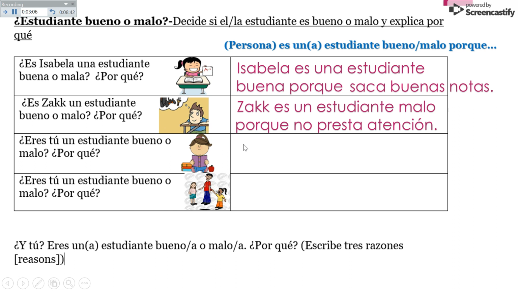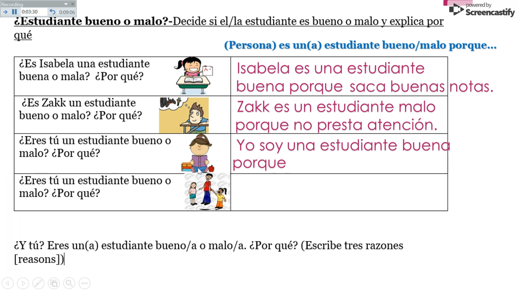Remember that I am in Spanish is yo soy. Now, if you are a female, you're going to say una estudiante buena. If you're a male, you're going to say un estudiante bueno. Then you want to elaborate on your rationale and say por qué.